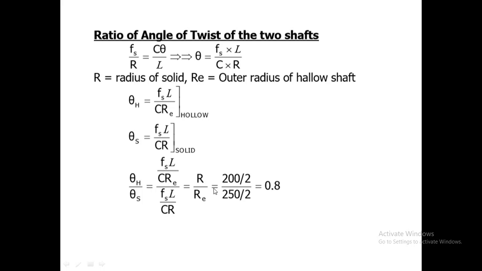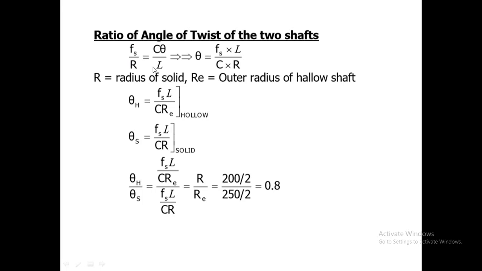And again we can calculate the angle of twist of the two shafts, so here we take the ratio of the angle of twist. For the torsion equation with respect to stiffness, since the shear stress is the same, we take the second part of the equation with respect to shear stress and the angle of twist.